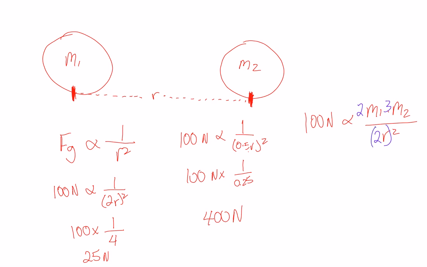So you do the same thing, but you just do all these steps together. So that'd be 2 times 3 on top, and 2 squared is 4 on the bottom. So we'd go 100 times 6 divided by 4 works out to 150, I think. Let me just double check that. So it'd be 100 times 6 is 600, divided by 4 is 150.